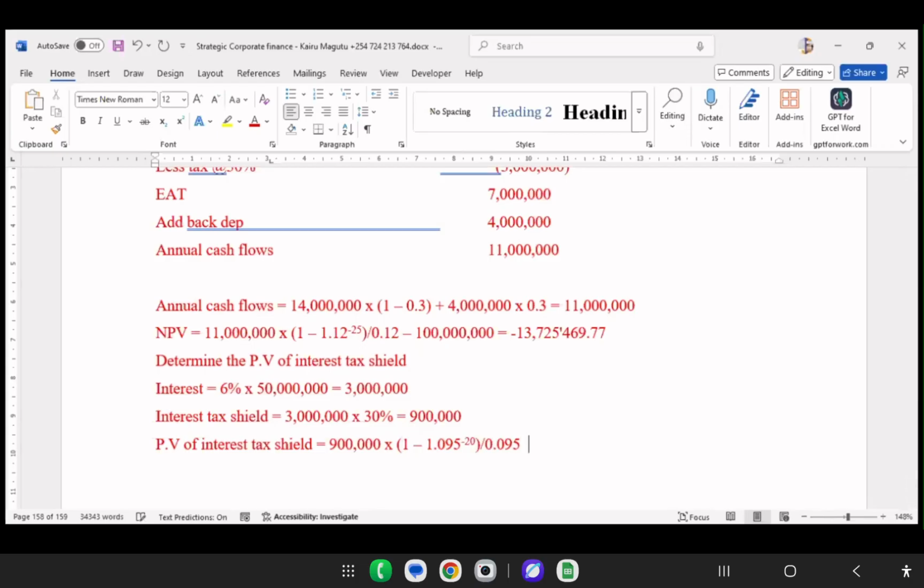That will give us the present value of the interest tax shield, considering that the subsidy will be given for 20 years. The loan will be given for 20 years, so they will enjoy the interest for 20 years. How much is the present value of the interest tax shield, please?